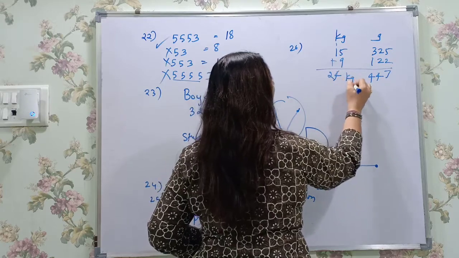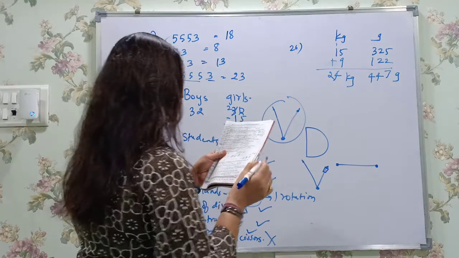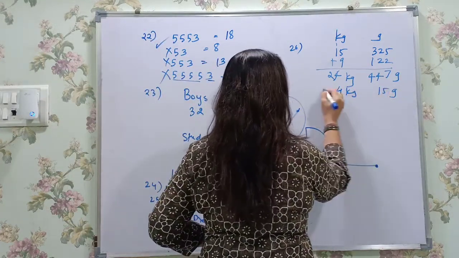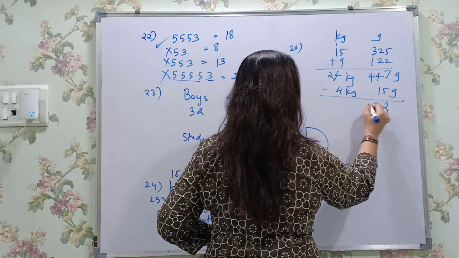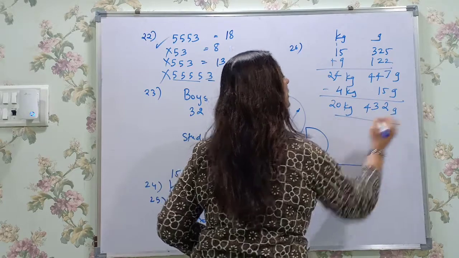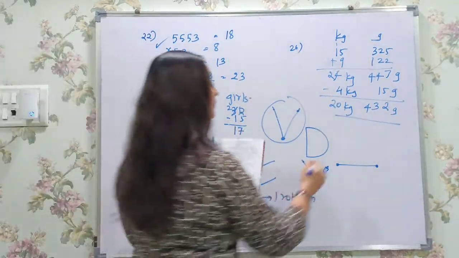It's 24 kg 447 gram. Okay. Now from this we subtract 4 kg 15 gram. So what is the answer? 20 kg 432 gram. Isn't it? Yes.